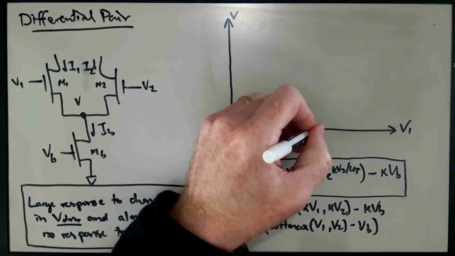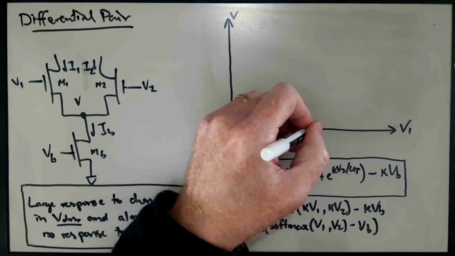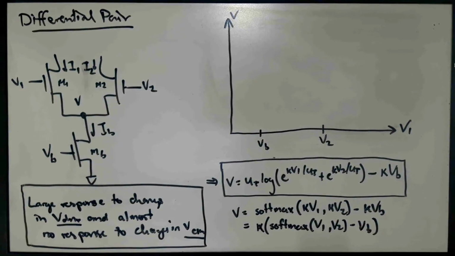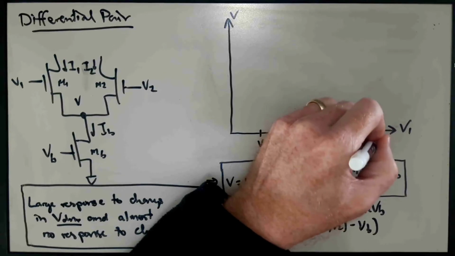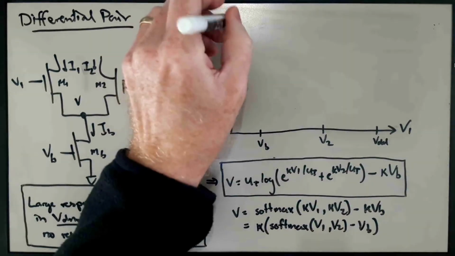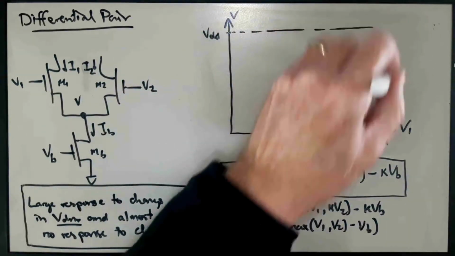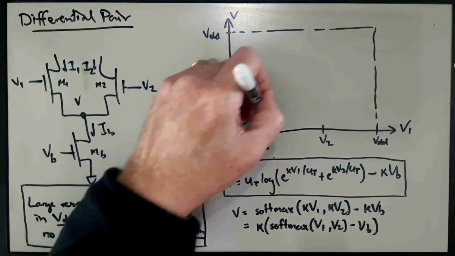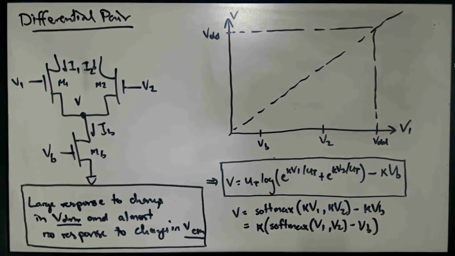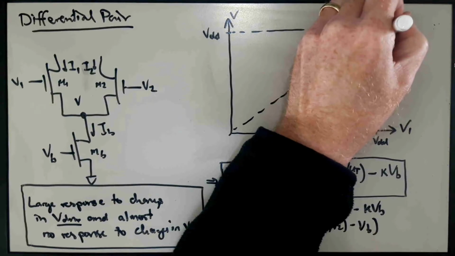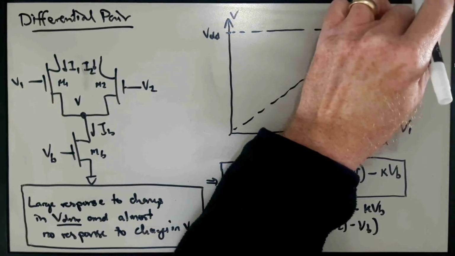And let's say V2 happens to be, oh, I don't know, right here someplace, V2. And let's say VDD is here. Draw a box. Draw our identity line, like so. V equals V1.